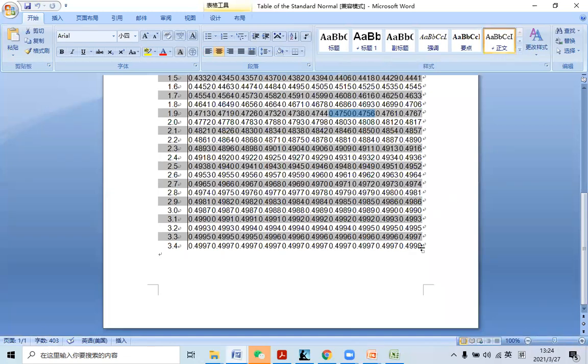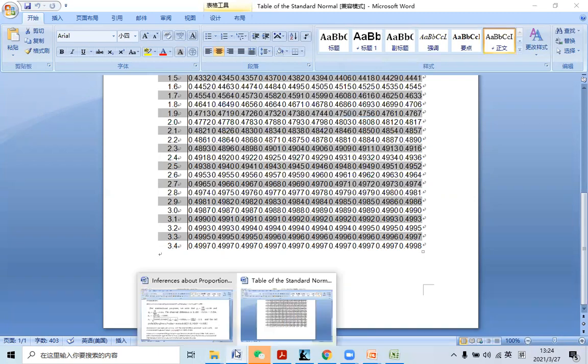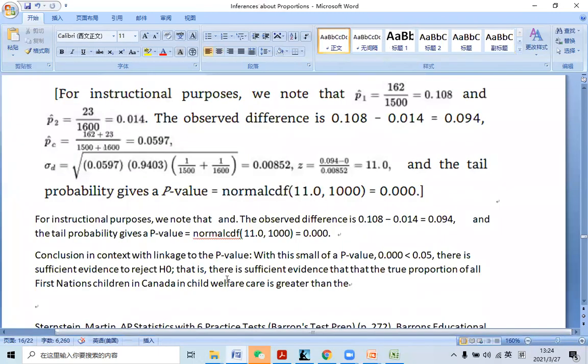That's very extreme, a very small probability of having this kind of extreme score. So the p-value is smaller than 0.001, so it gives you 0.000.